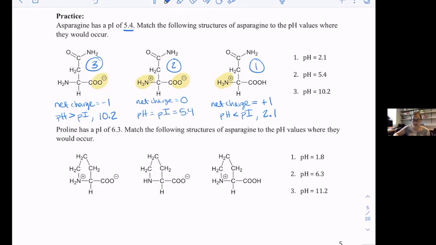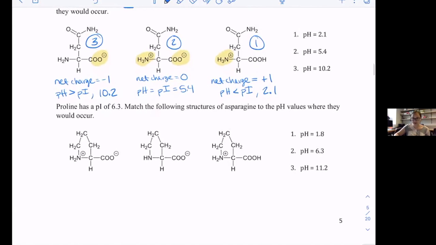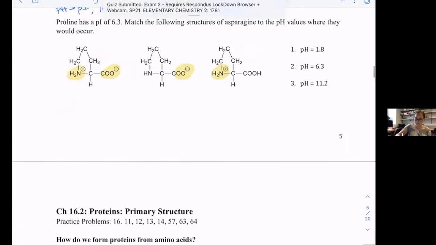Okay, so take a moment and try the second one with proline on your own, and I'll go through the answer with you as well. So again, let's highlight each of the different charges. We have a positive charge and a negative charge on the first one, a negative charge on the second, positive charge on the third.